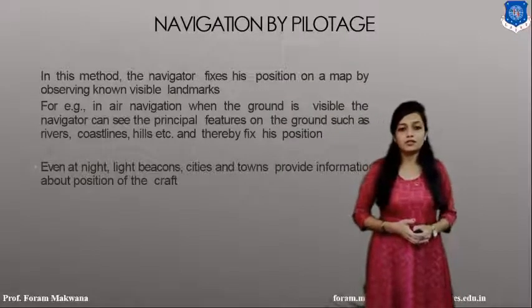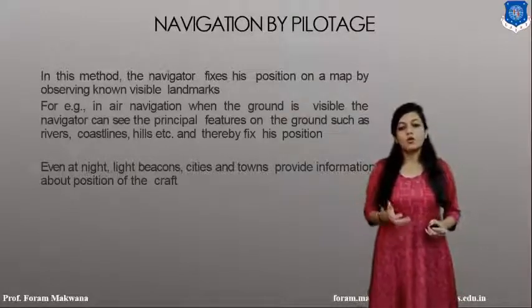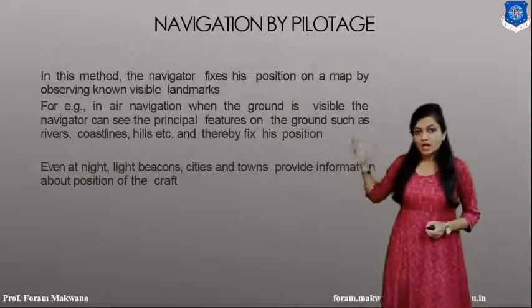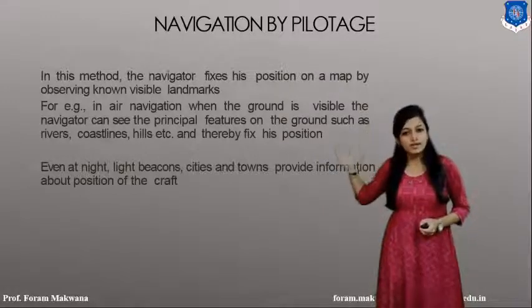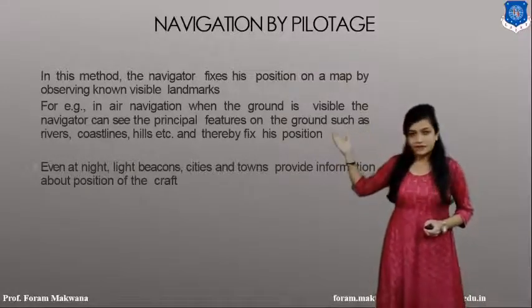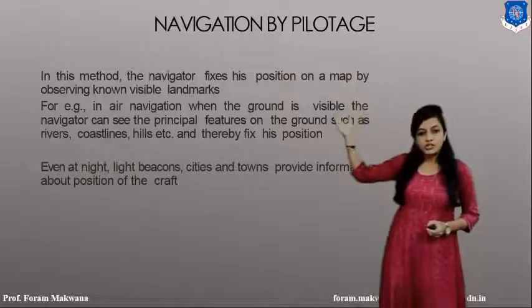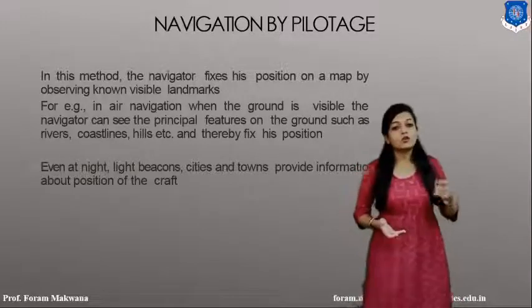First, we are going to focus on navigation by pilotage. Now, what does it mean? In this method, we navigate the aircraft with the help of its position on the map. How do we determine it?